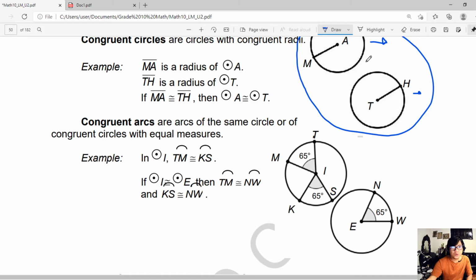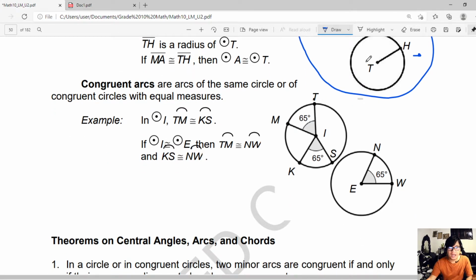Next one, congruent arcs. These are arcs of the same circle or of congruent circles with equal measures. Example, in circle I, this one, arc TM is congruent to arc KS. So, this arc TM is congruent to KS.